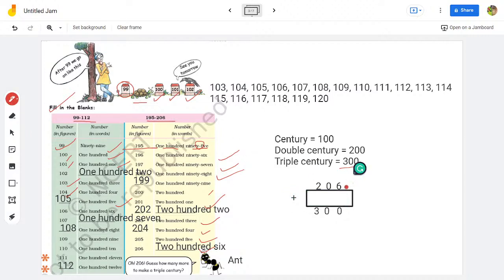So here what we can do is try the normal inverse method. We need to get 6 add something to get a 0. We know that 6 add nothing can give us a 0, but 6 add something can give us a 10, and that is 4. So 6 add 4 gives us a 10, and this 1 is carried on to the tens column.